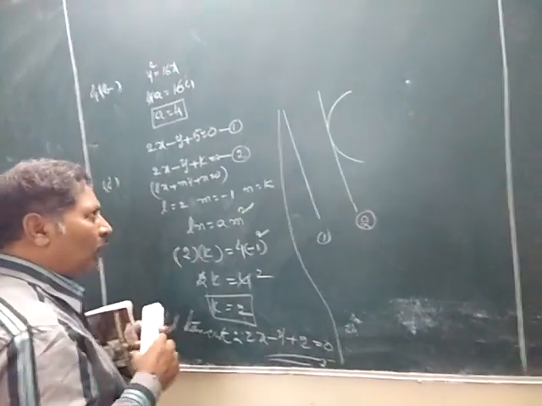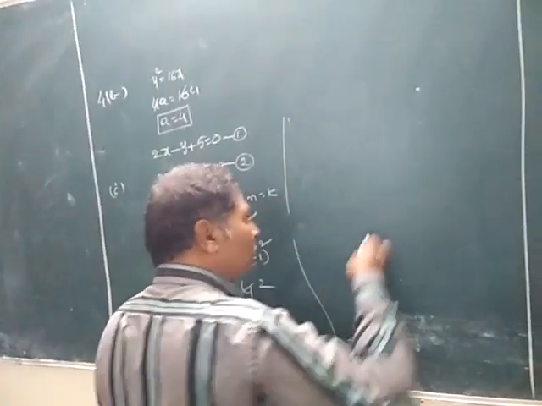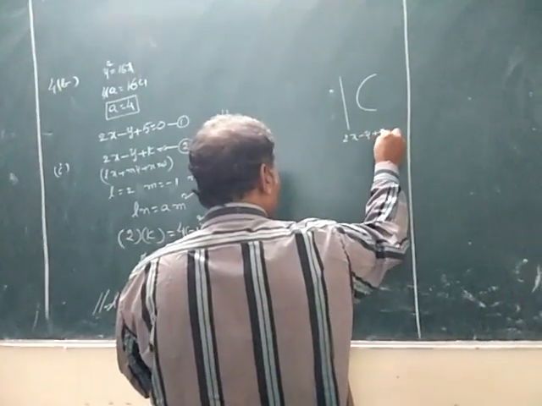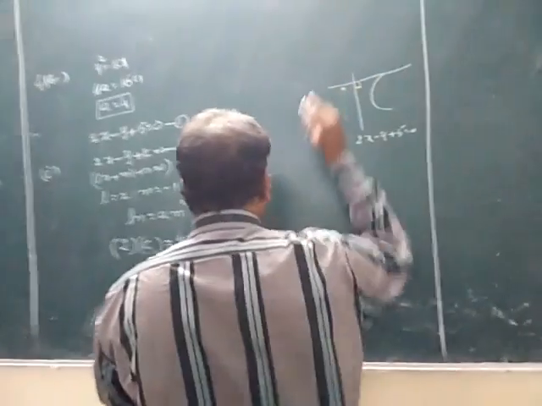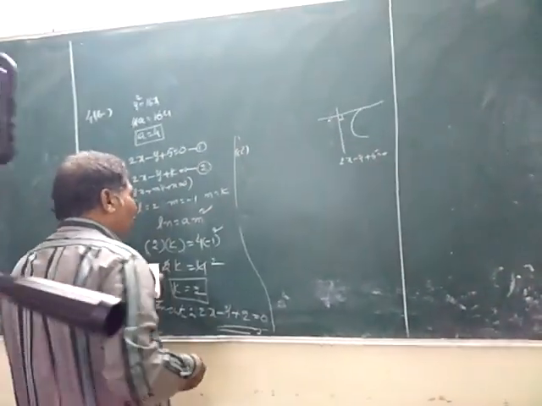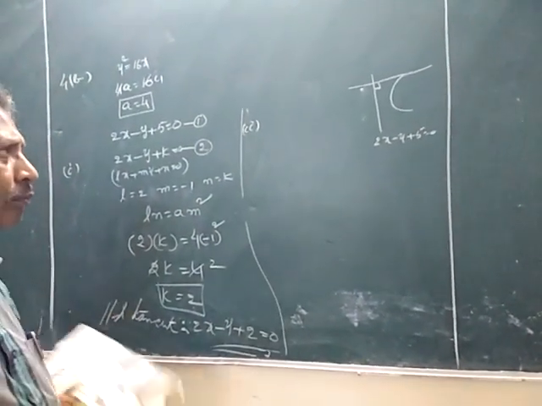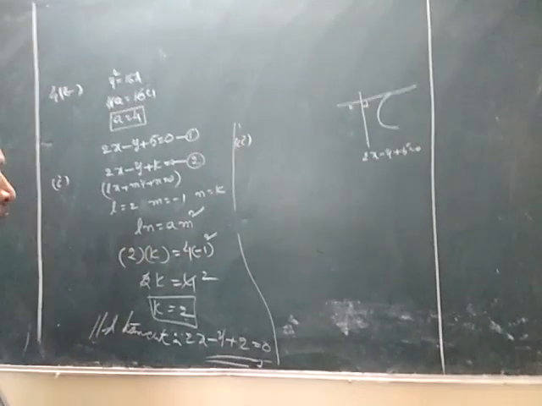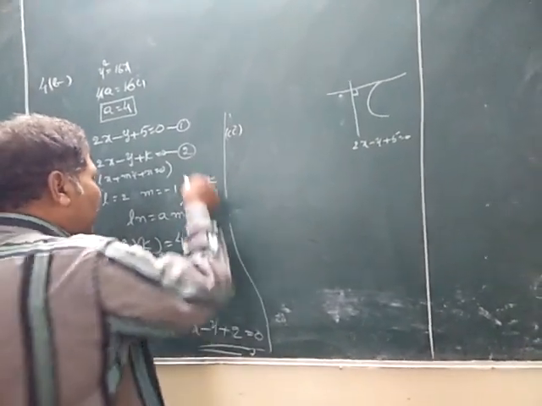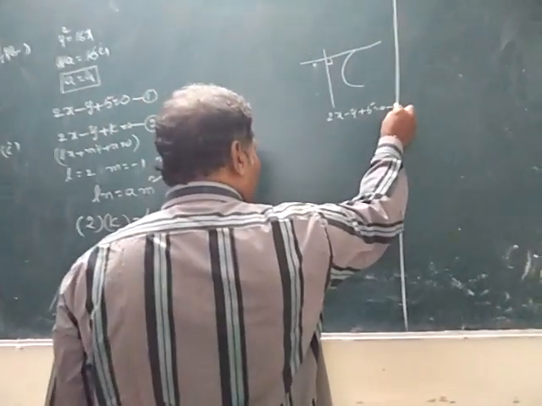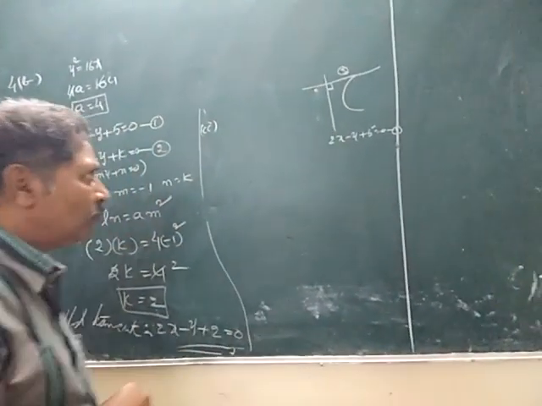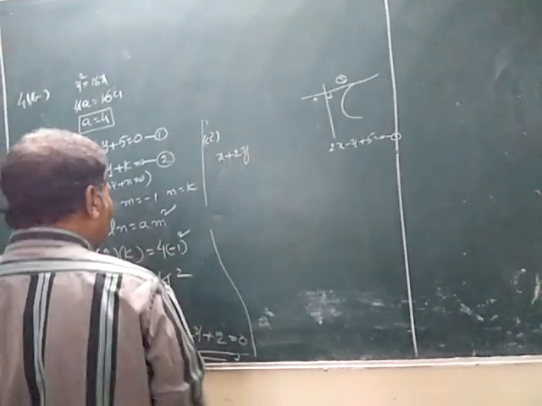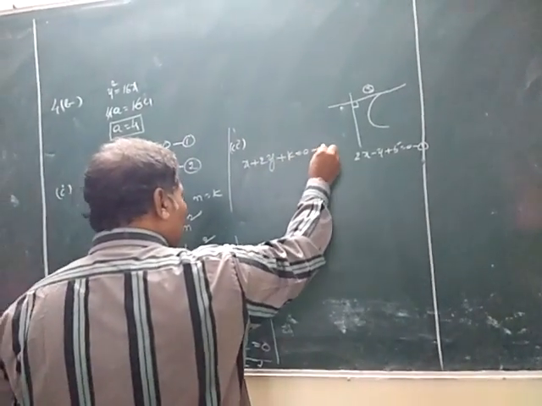Second case, take this diagram. Second case, equation of the tangent perpendicular to the given line is x plus 2y plus k equal to 0.